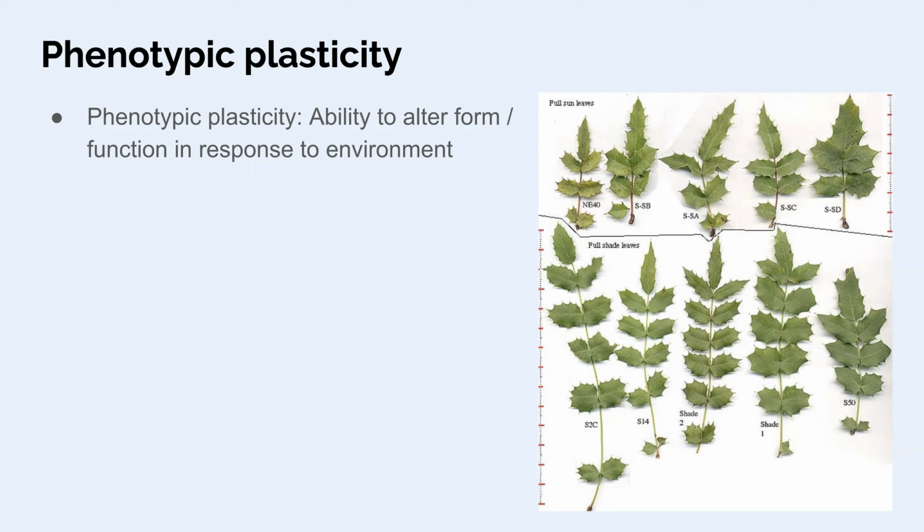And this can be due to environmental cues in response with genetics, or it could just be kind of a resource thing, right? Plants that have more access to light grow in a different way than plants that have less access to light. But this is kind of a common theme: if you have less light, these leaves are bigger to be able to catch more of that light. A little bit of a trade-off there.